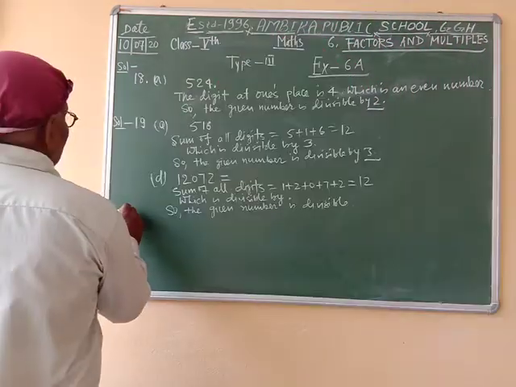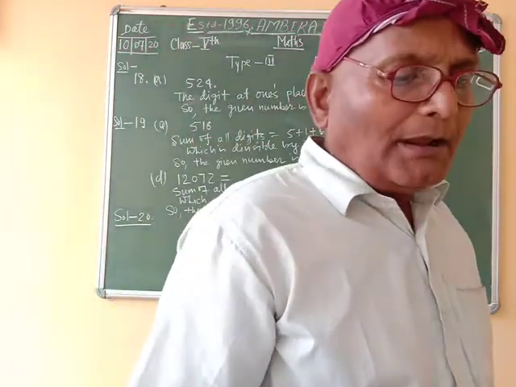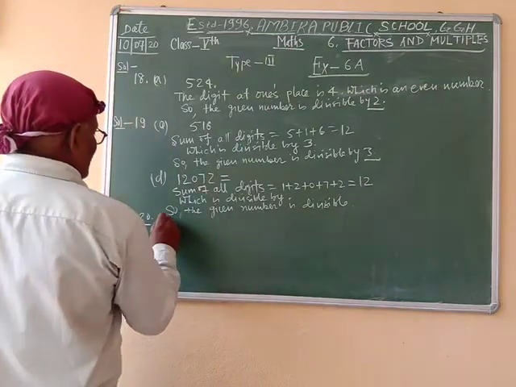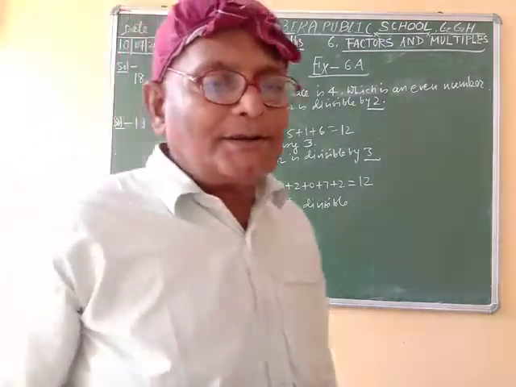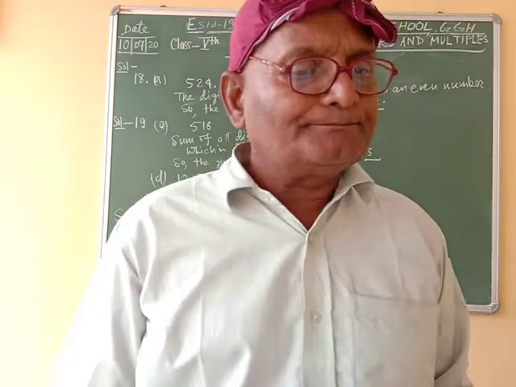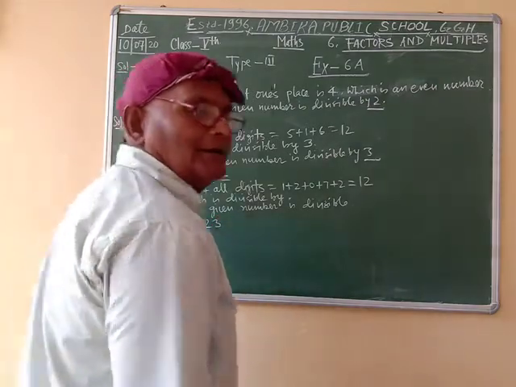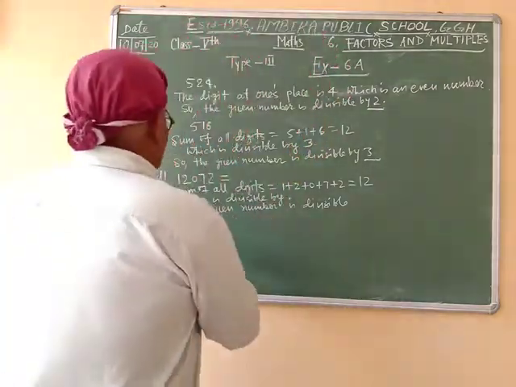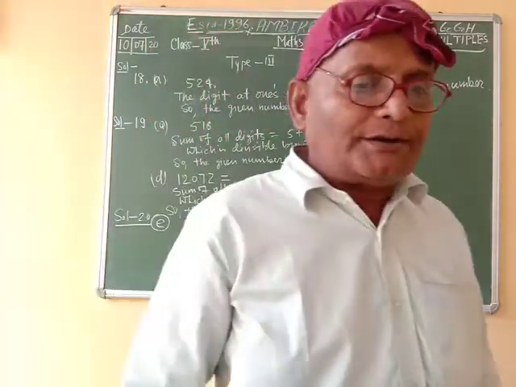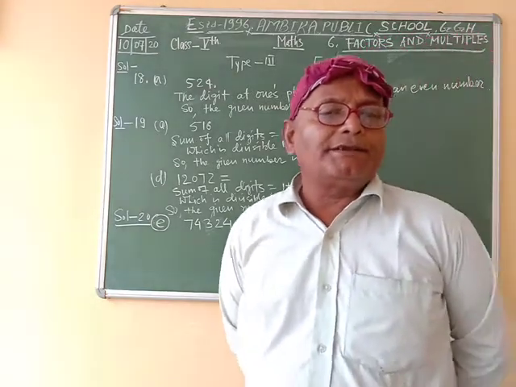Question 20E is 74323. Remember the divisibility test by 4.